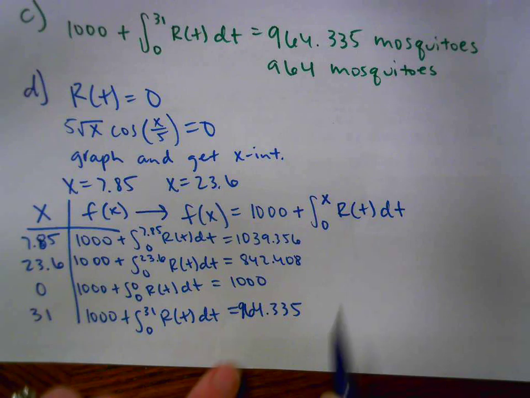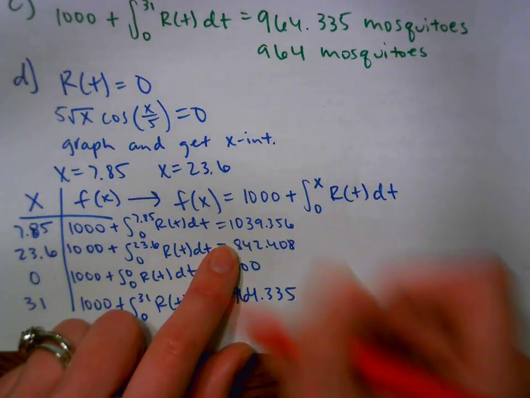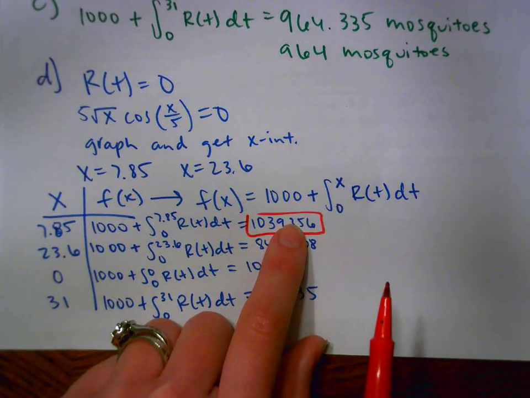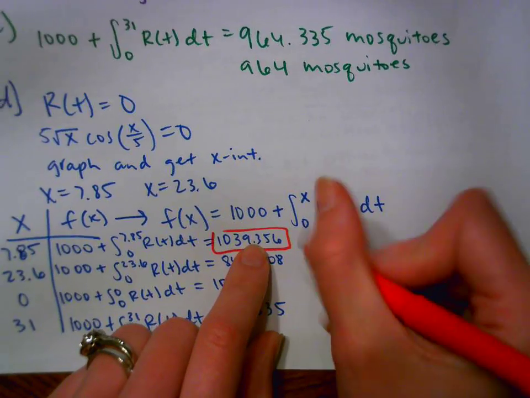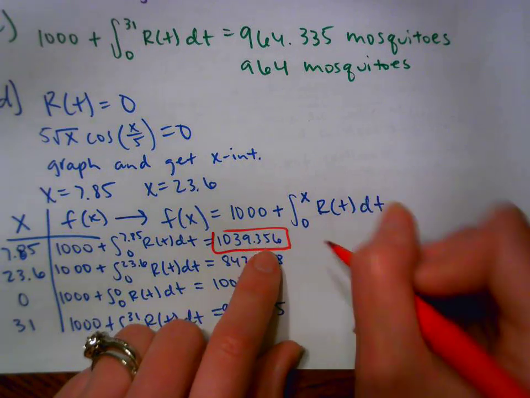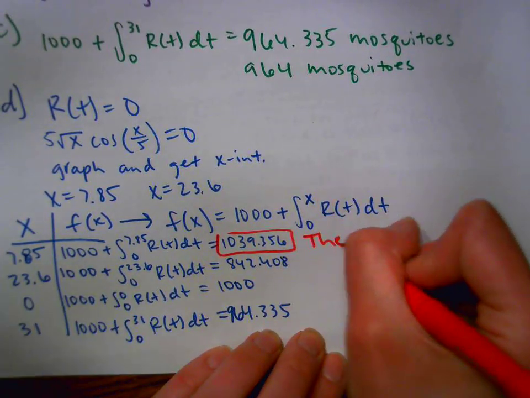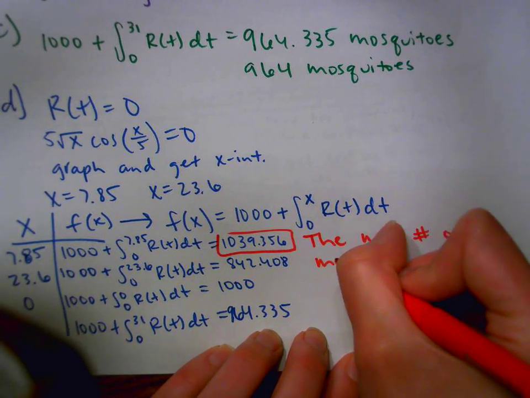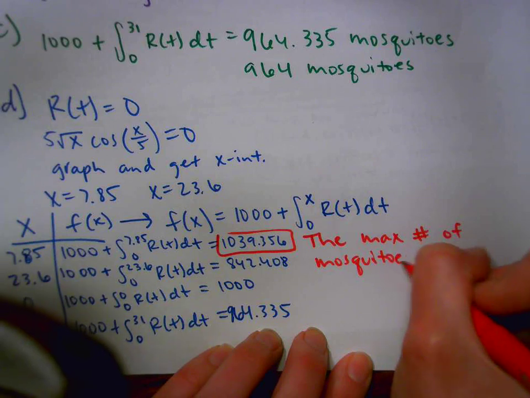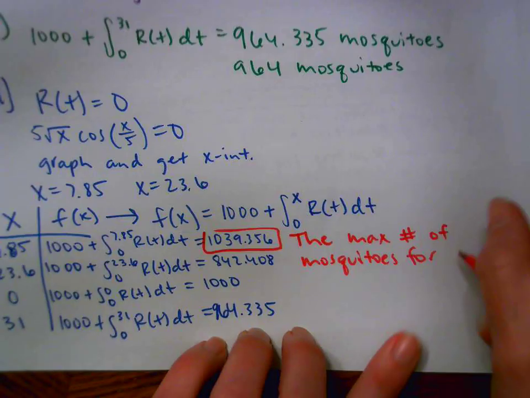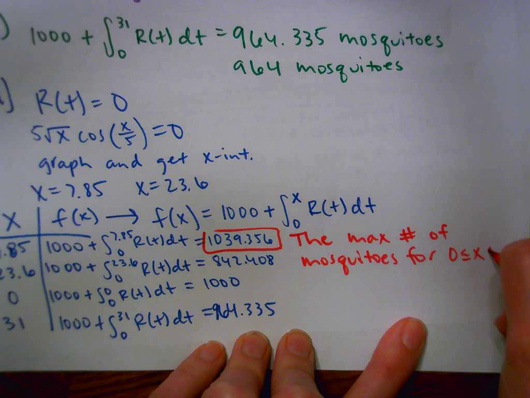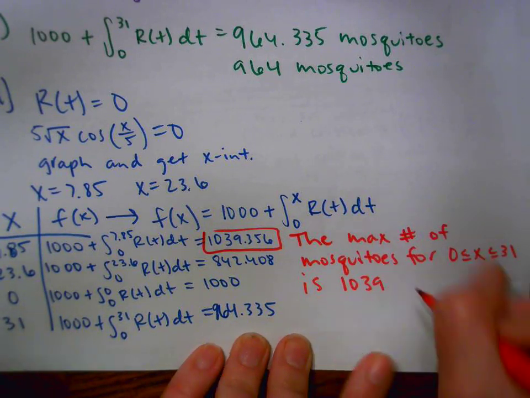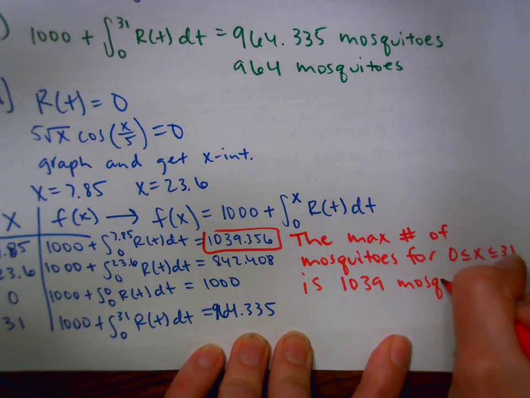The maximum is the largest, which would be right here. It didn't say where, so we don't want the x value, we want the maximum, which is the y value. It said round it to the nearest whole number, so the max number of mosquitoes for the interval 0 to 31 is 1,039 mosquitoes.